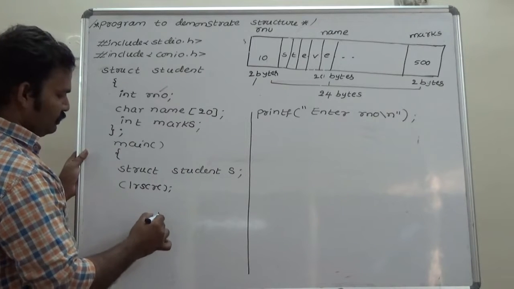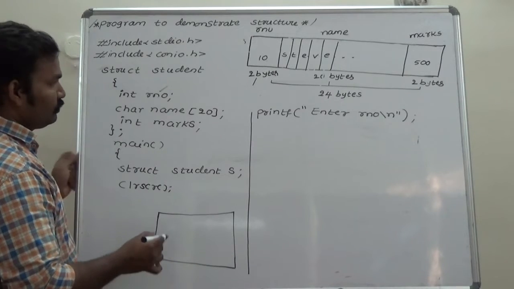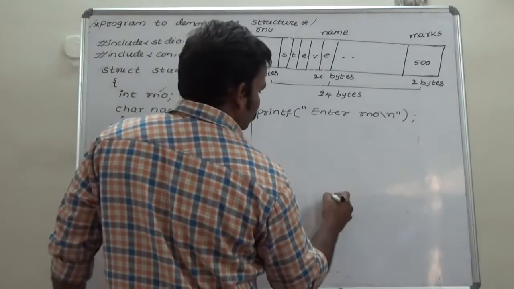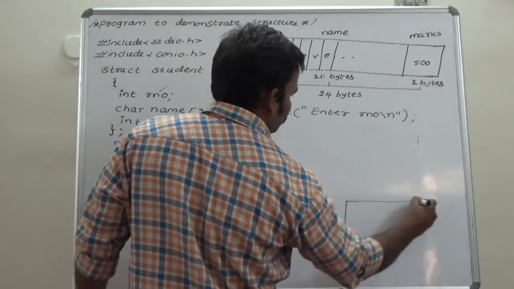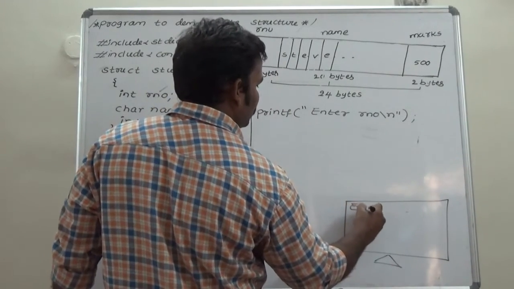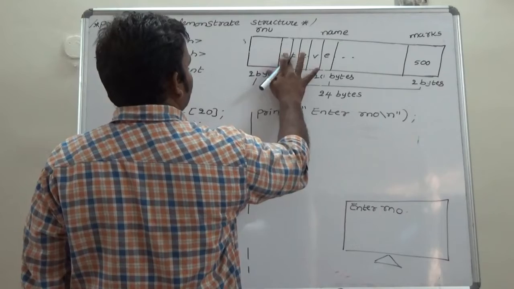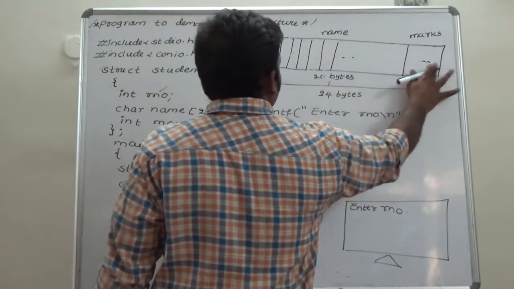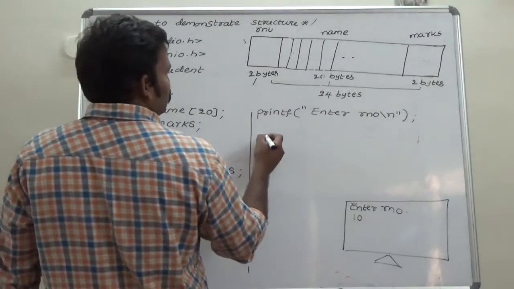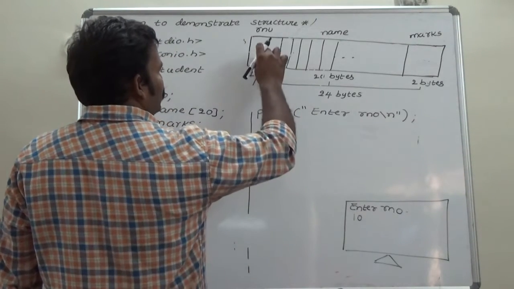Suppose if I execute this program, first this message will appear on the screen, enter roll number. After reading that message, the user will enter number. Enter roll number means the user entered 10. So I want to read that element and store that element into this location.